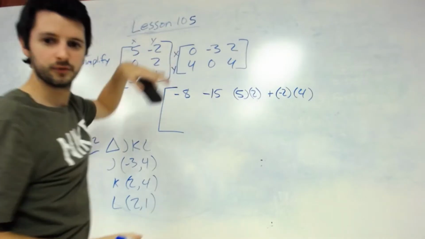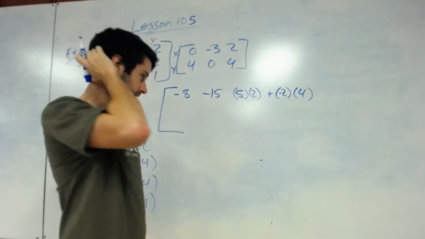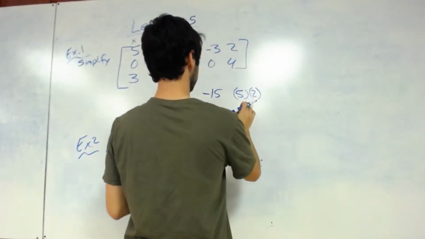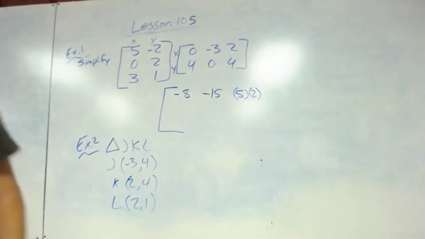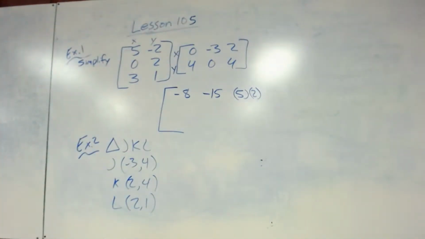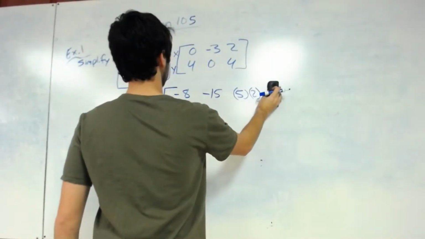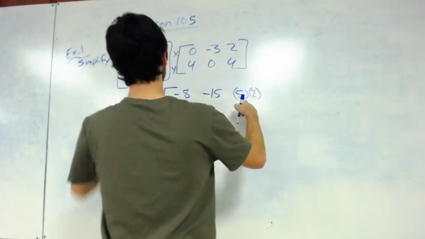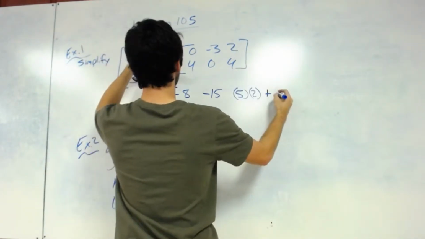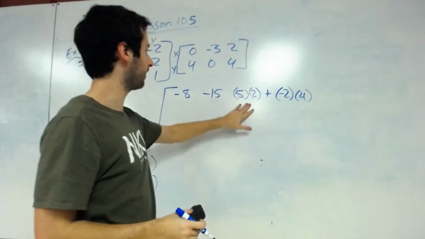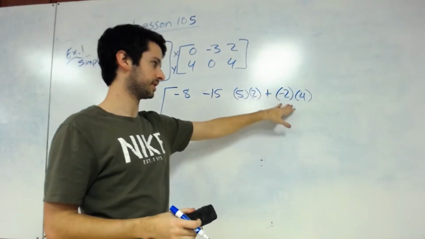Hopefully you see the pattern going on here. So -2 times positive 4 is a -8. Okay, 5 times 2, that's 10, plus -8, that's positive 2.